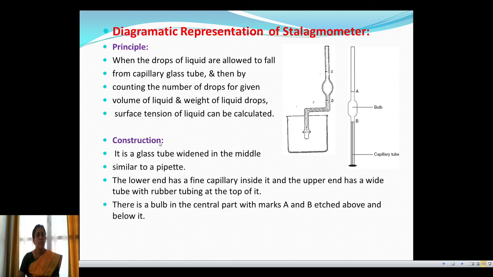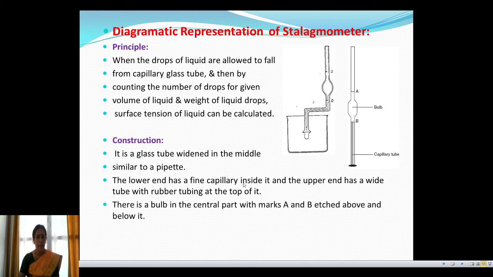Now we will study the construction of the stalagmometric method. The apparatus used for this purpose is as shown in the figure. It consists of a glass tube widened in the middle, similar to a pipette, at this portion.